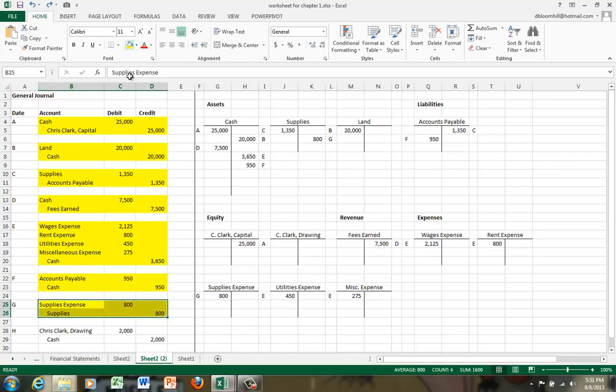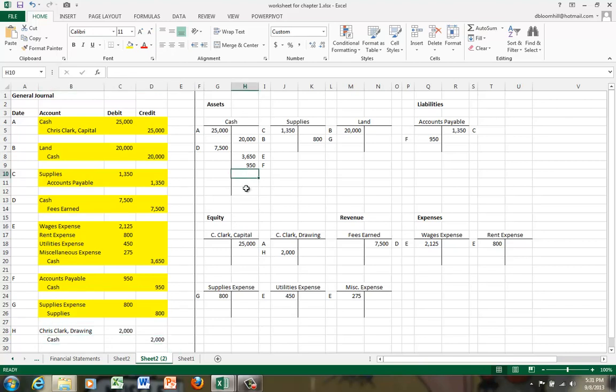So the last transaction that we have, transaction H, owner withdrew $2,000. So the first line tells us to go to the Chris Clark drawing account, enter $2,000 on the debit side. So $2,000 on the debit side in Chris Clark drawing for transaction H. The next line in transaction H tells us to go to the cash T. The amount is $2,000, but this time it's on the credit side.